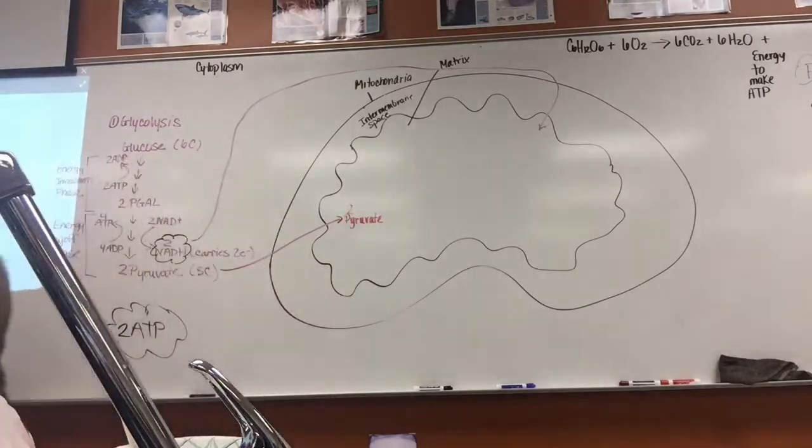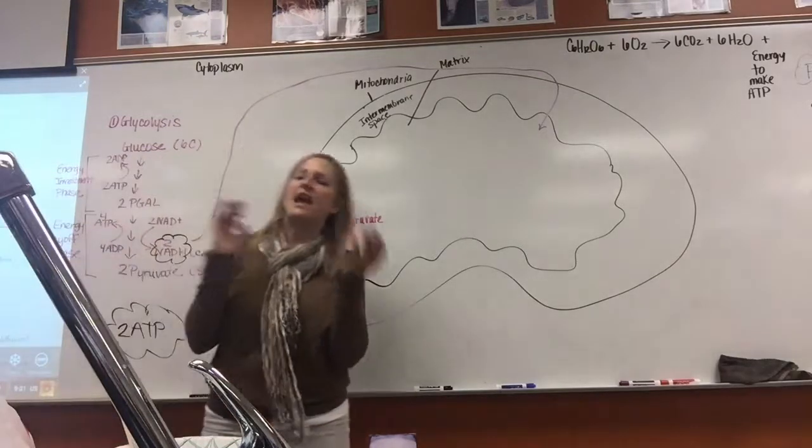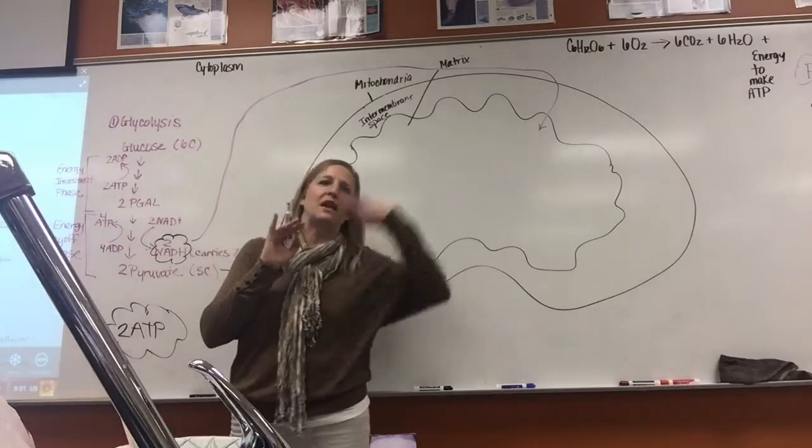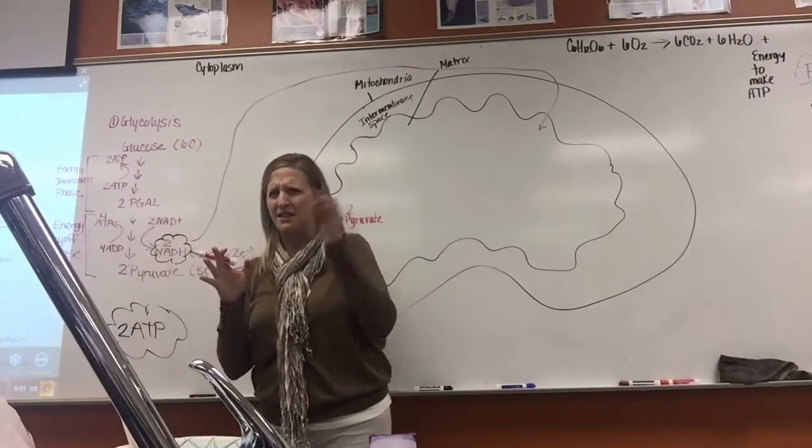As it's written right now with the H on it, it's pyruvic acid. But if it's already acted as an acid and gave up the H plus, so this is now O negative, it's called pyruvate. So pyruvate and pyruvic acid are the same molecule, it's just whether or not it gave up the H plus. Does that make sense? Okay?